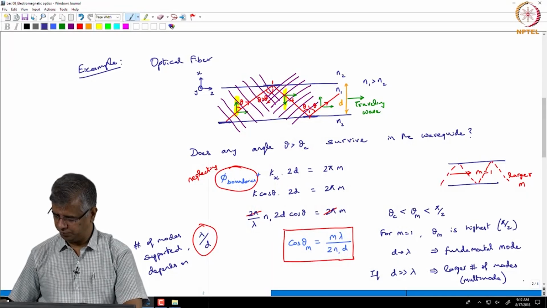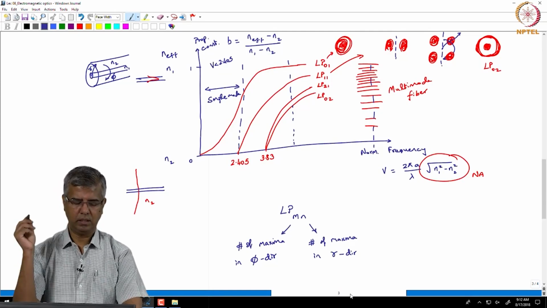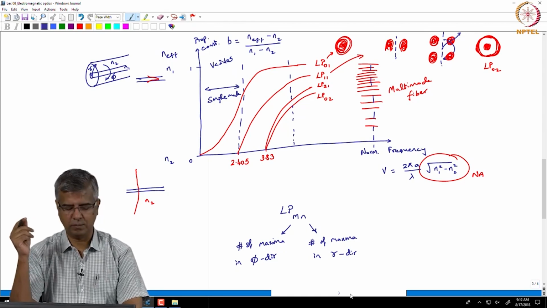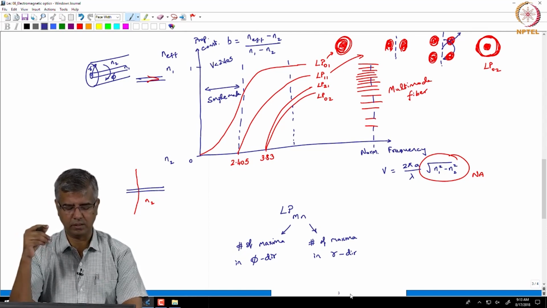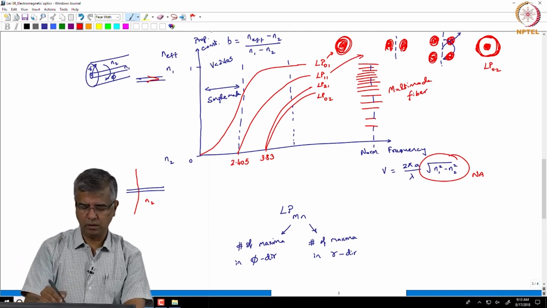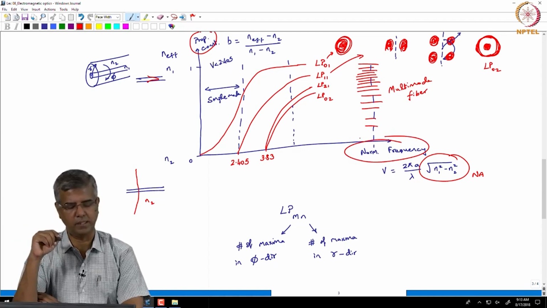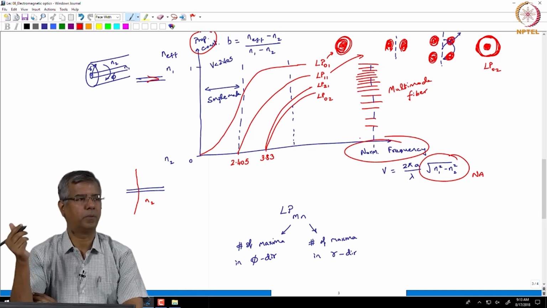But if we had to look at the true picture, analyzing a cylindrical dielectric waveguide that an optical fiber represents, and do this more rigorously by solving the wave equation in cylindrical coordinates and looking at all the solutions, what you are essentially trying to get is the propagation constant as a function of the normalized frequency. Okay. So, we want to see, at any given wavelength, which are the modes that are propagating, right.